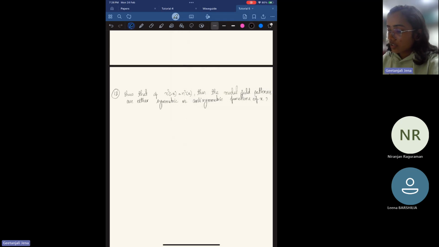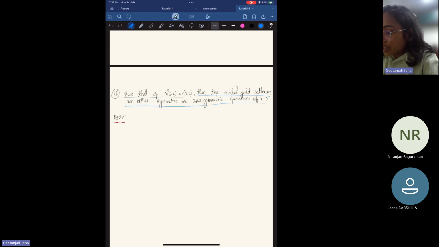Okay, good. So let us see the next problem. Next problem is a conceptual one. So it says that if n square of minus x is n square of x, that is, the refractive index is an even function of x, then the modal field patterns are either symmetric or antisymmetric functions of x.